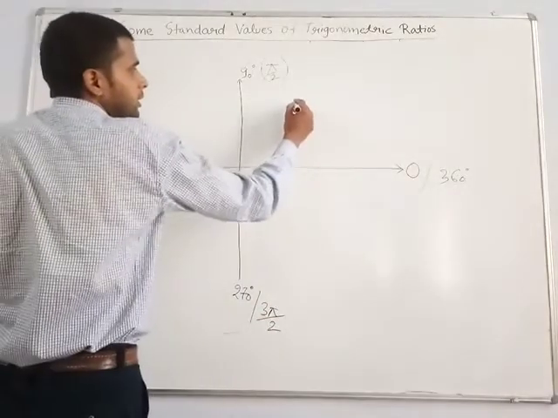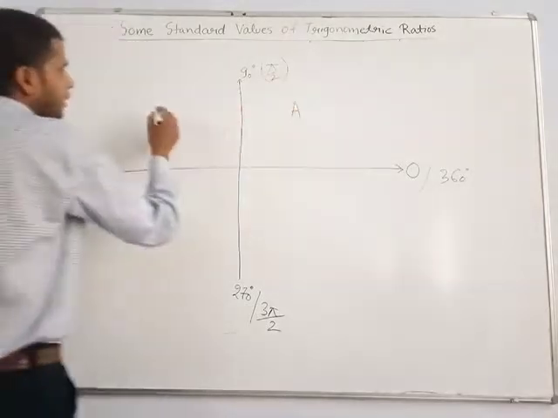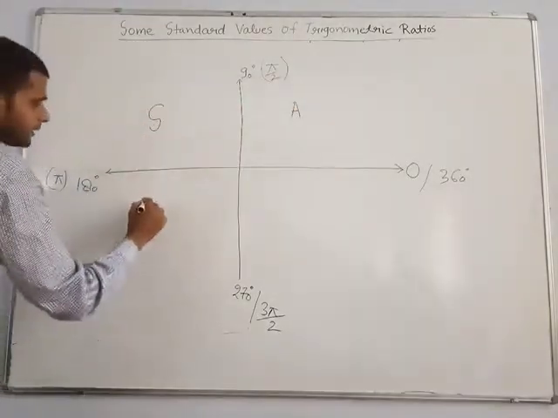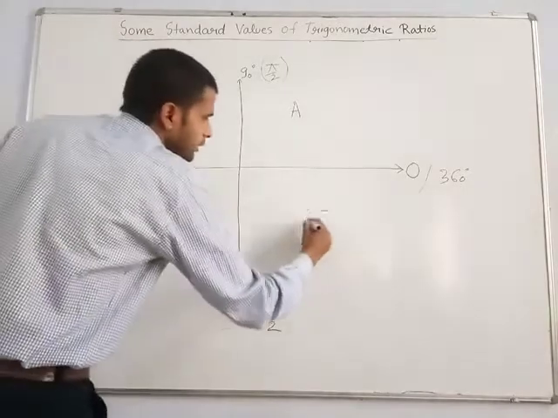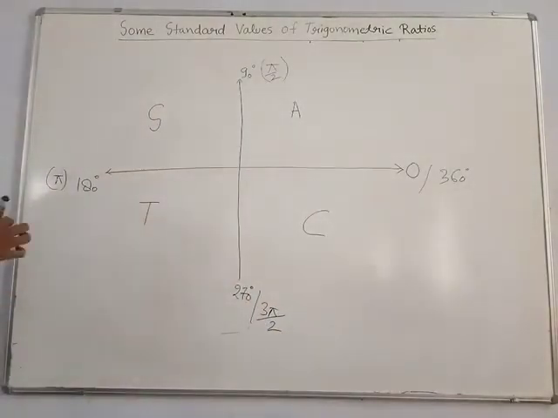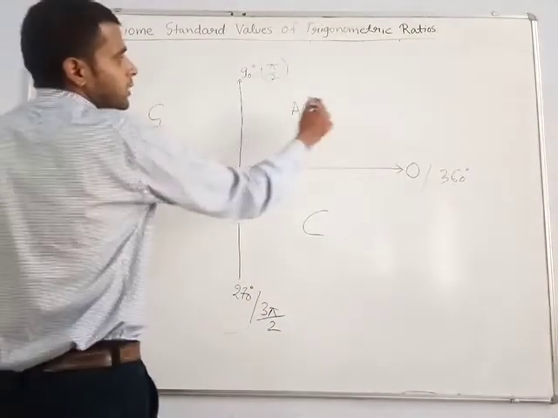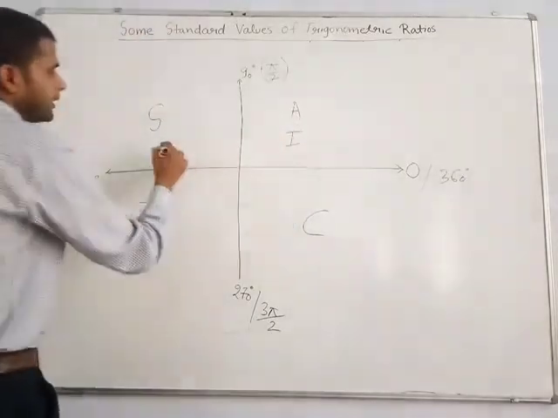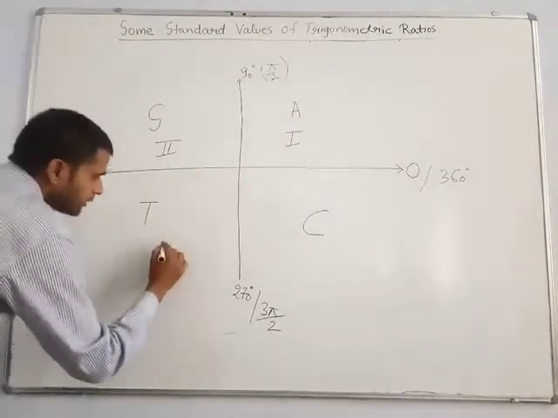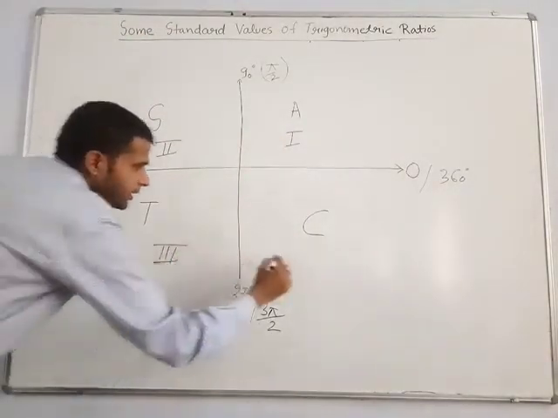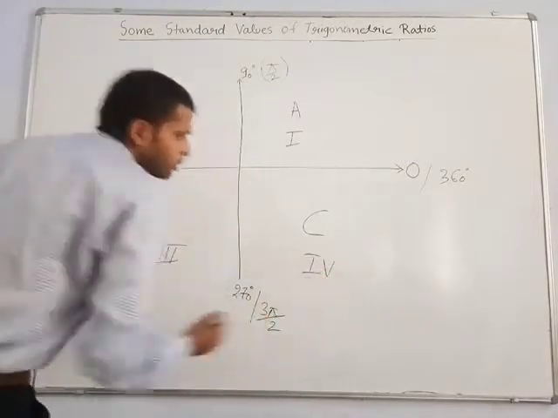In this case, ASTC. It means this is first quadrant, this is second quadrant, this is third quadrant, and this is fourth quadrant.